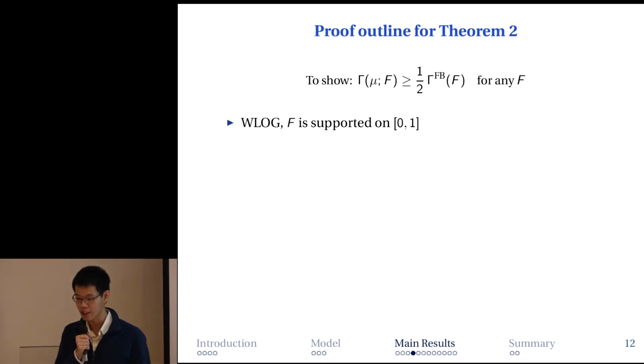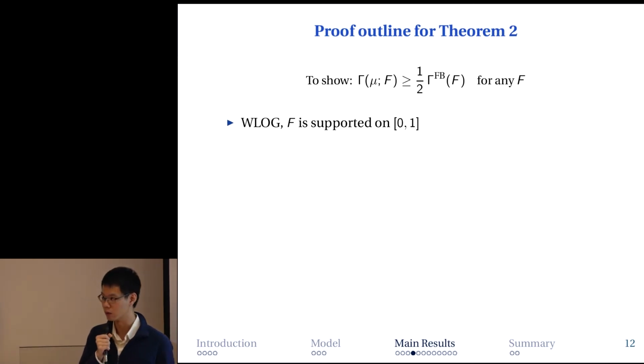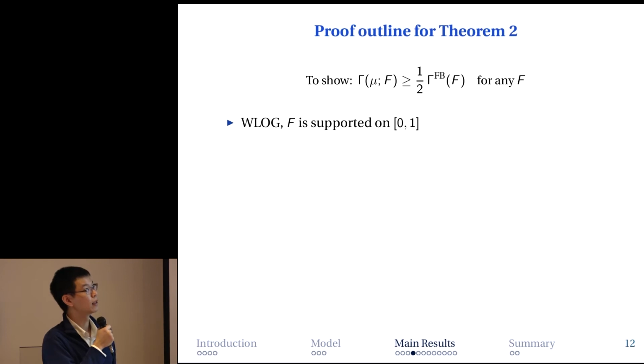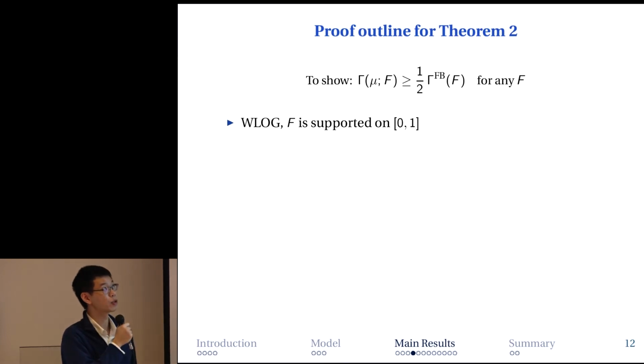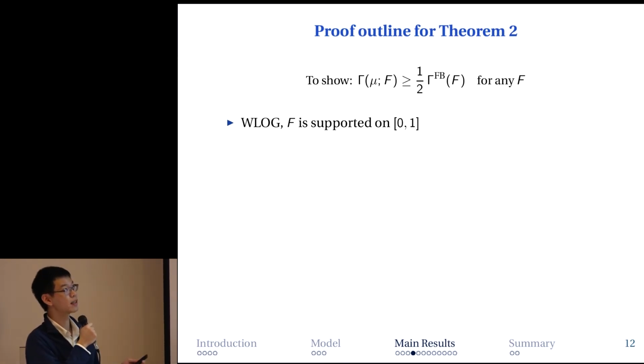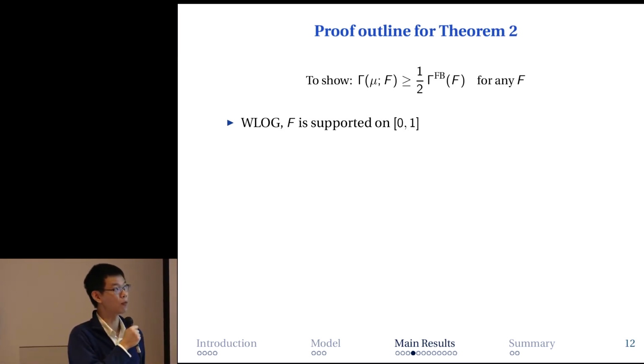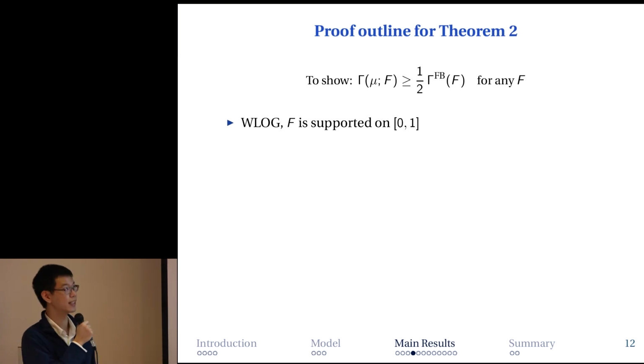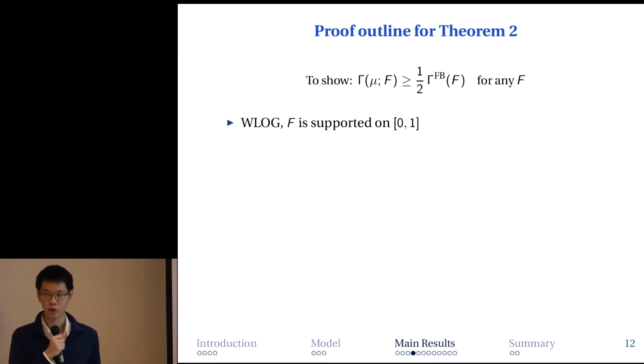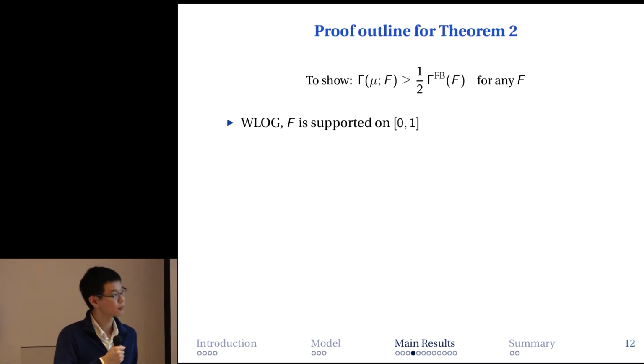Okay, so let me sketch out a proof of why theorem 2 holds. We want to show that the expected gains from trade under the mean price is at least 1/2 of the first best gains from trade. And one thing that we can do without loss of generality is we can normalize the support of F to be within the unit interval 0 and 1.